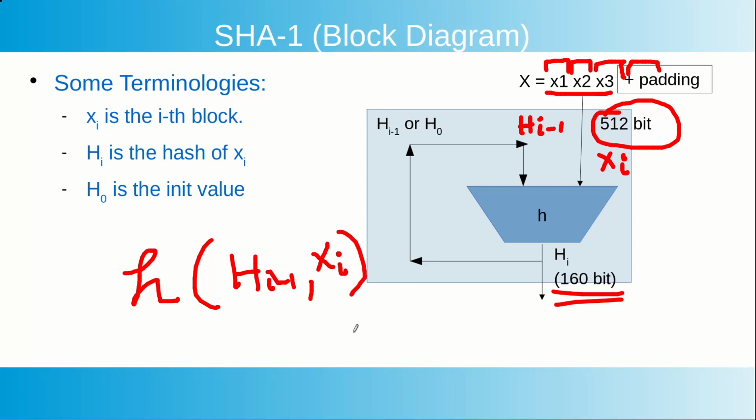These are the two inputs to this hash function, and that gives me the hash output of the present text, which we call hi. Here, xi is the current raw text for which we are going to compute the hash output. hi is the output that will be generated, that is the hash output of xi, and h0 is the initial value, and h(i-1) is the hash output of the previous one.